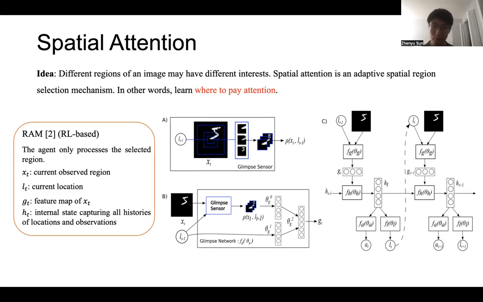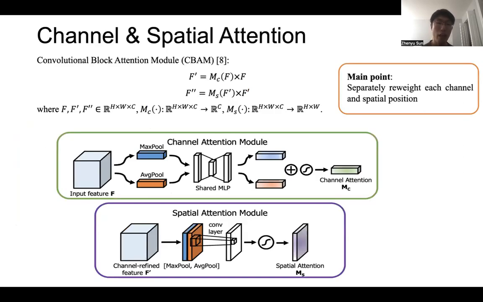And finally, I will briefly talk about the combination of both channel and spatial attention mechanisms. I will introduce a work called the Convolutional Block Attention Module, which tries to learn the interdependency among channels and spatial positions simultaneously. The idea is like this.